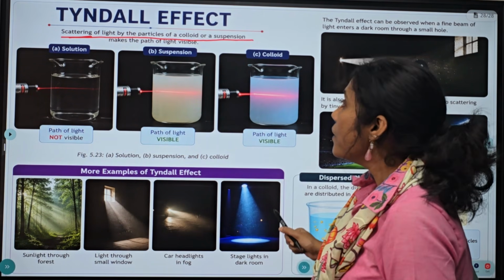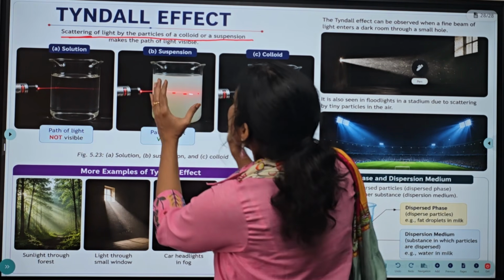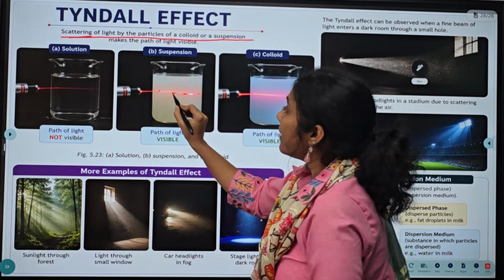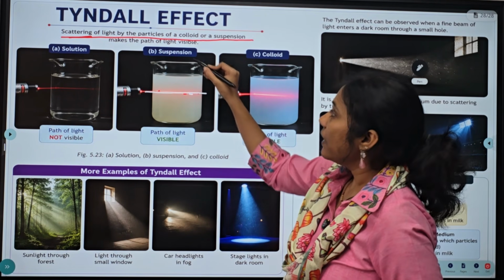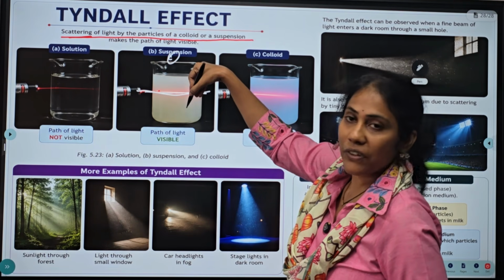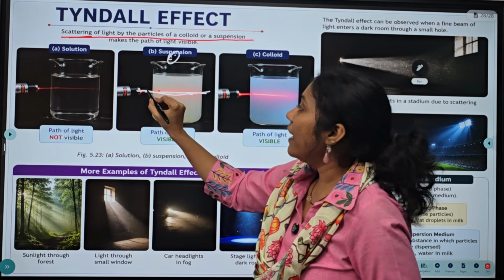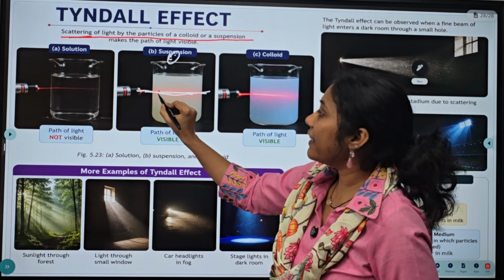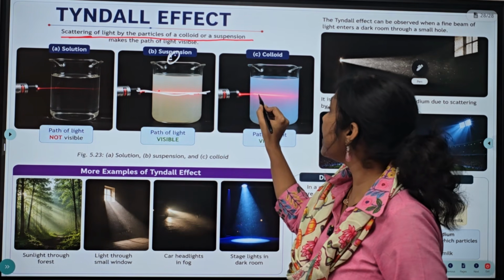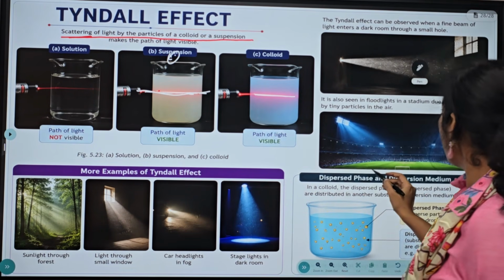When the light gets scattered through the solution and you see it from the right angle, say my eye is at a right angle to the path of light, then with your eyes you can neatly see the path of light. It is like that in a cinema hall also, right?